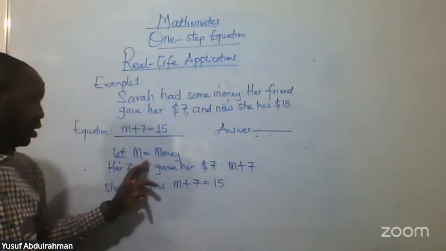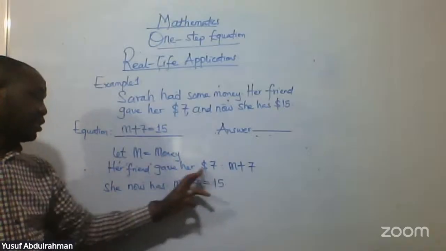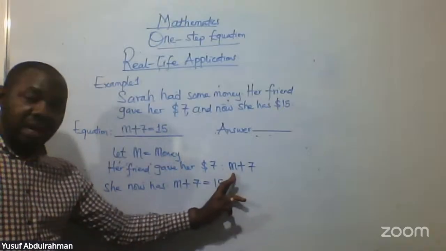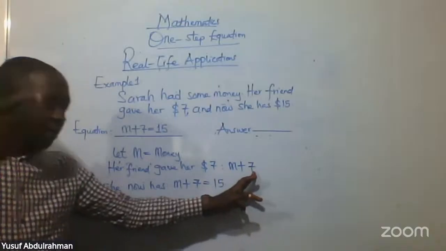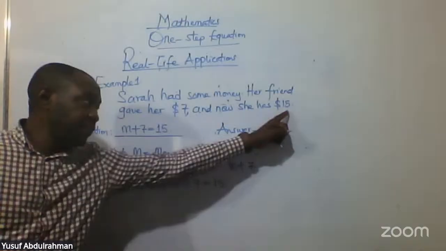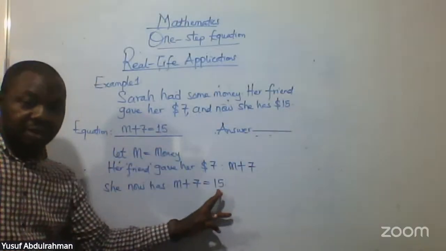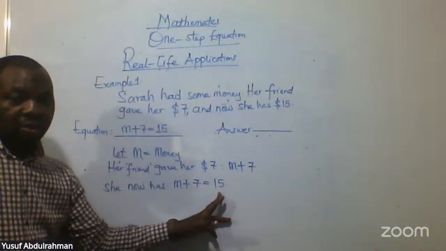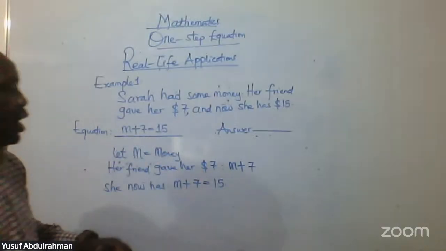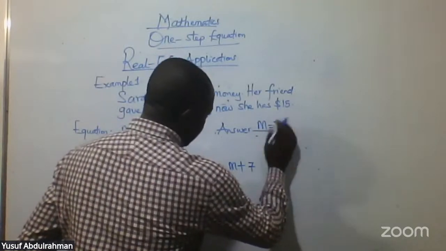So let n equal the money, that's what she had. Our friend gave her $7, so that would be what she had plus 7. She now has n plus 7. She now has $15, so the total is now $15. And that is the equation. So the answer to the question is n equals $8.